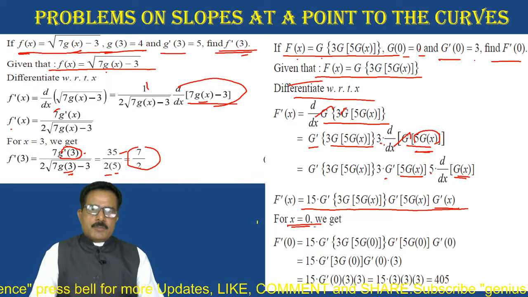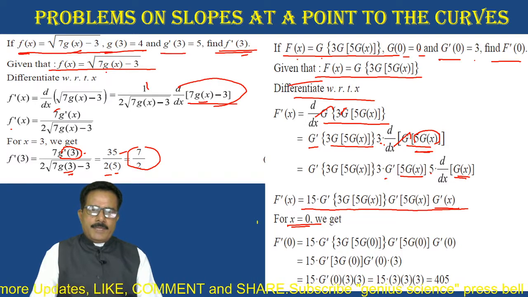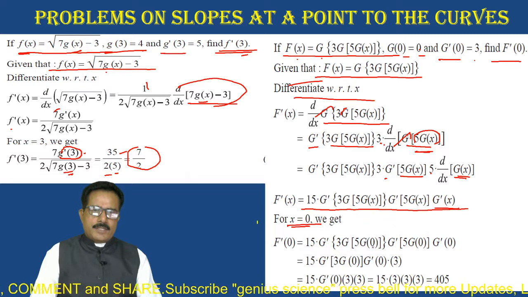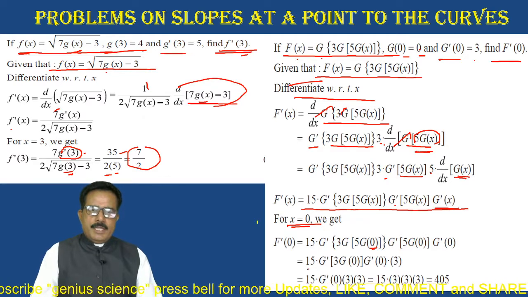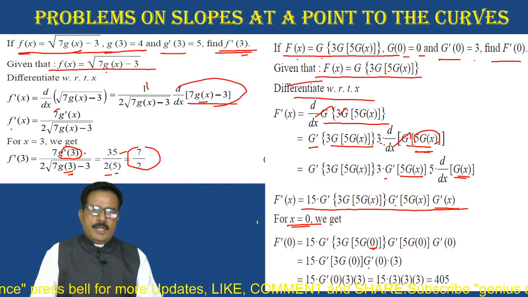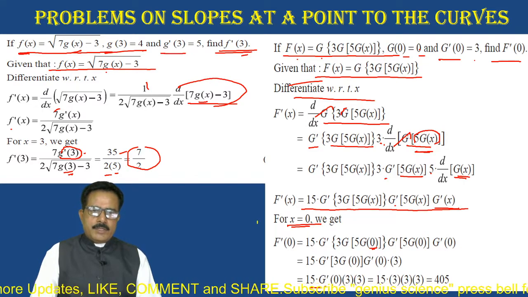For this purpose, put x equal to 0, which means f dash of 0 is equal to 15 g dash of 3 g as it is, 5 g of x means 0, g dash of 5 g of 0 into g dash of 0, that is 15 into g dash of 3 g of 0 into g dash of 0 into 3, that is 15 into g dash of 0.